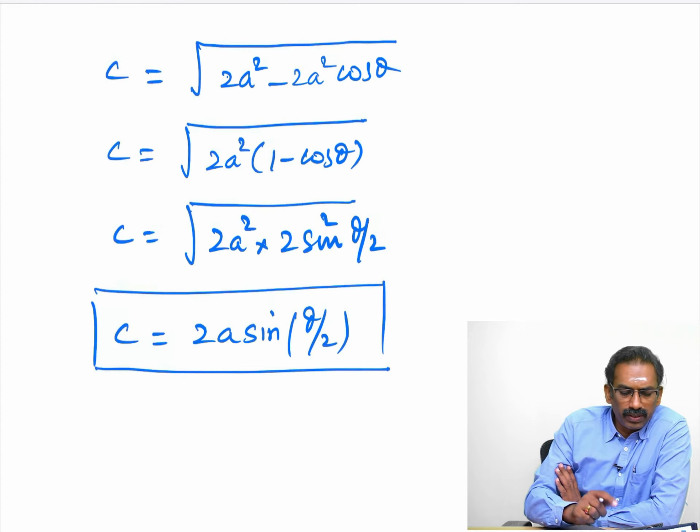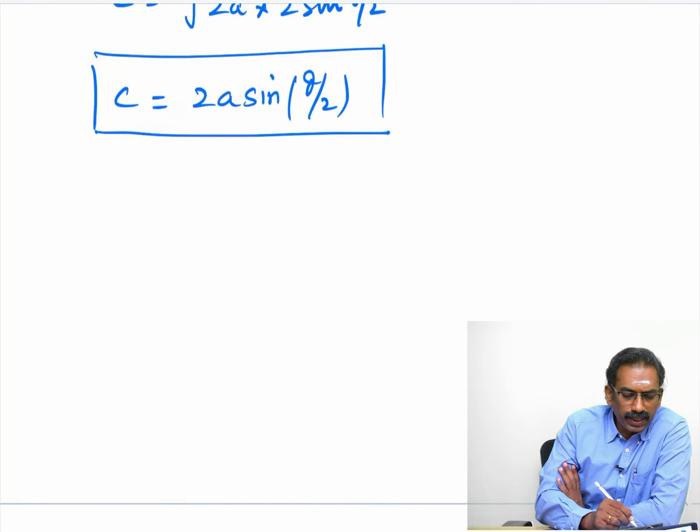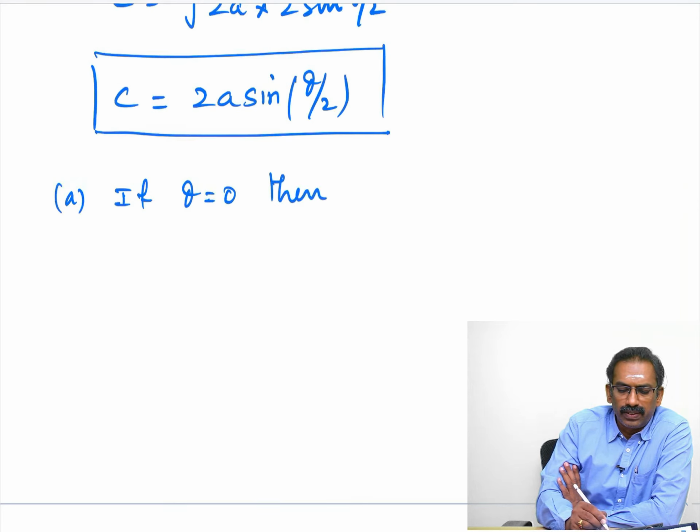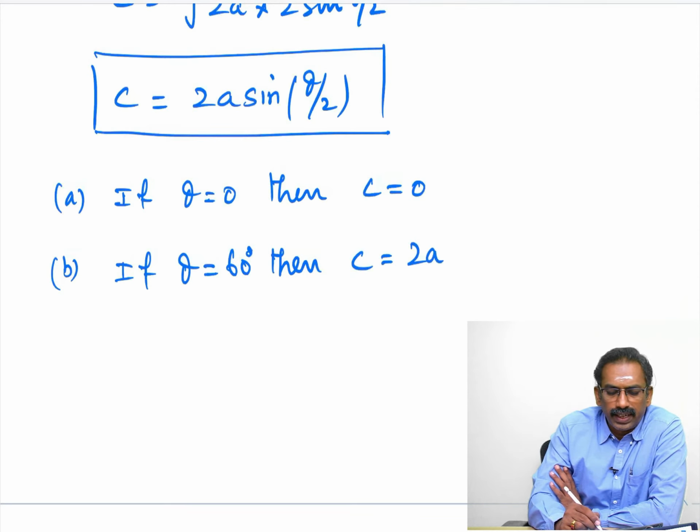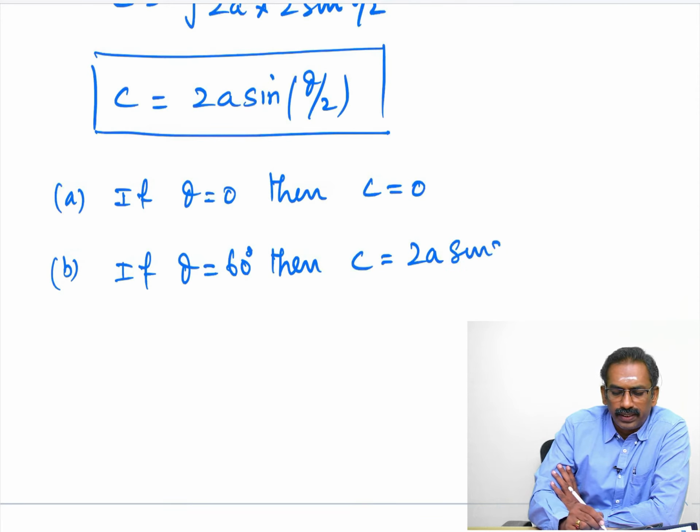Here also we are going to see 5 different sub cases. If theta is equal to 0, then c is equal to 0. If theta is equal to 60 degrees, then c is equal to 2a sin 30, and c is equal to a.